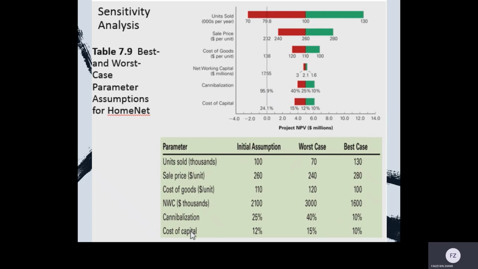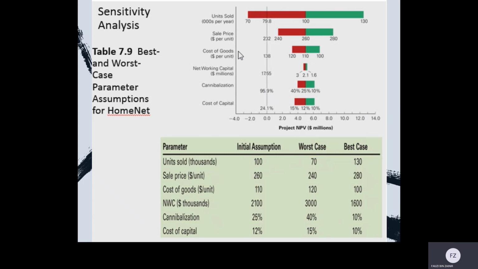The initial assumption is our base case, and then the worst case and the best case. For example, if you look at the units in thousands, the number 100 here is represented by 100,000. If it goes to 70,000 in the worst case, what will happen?